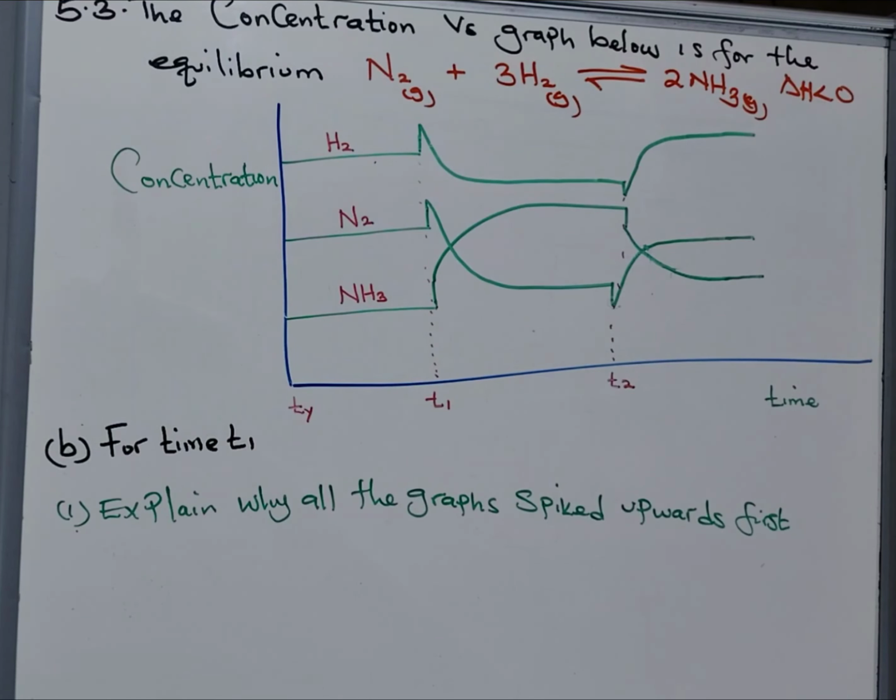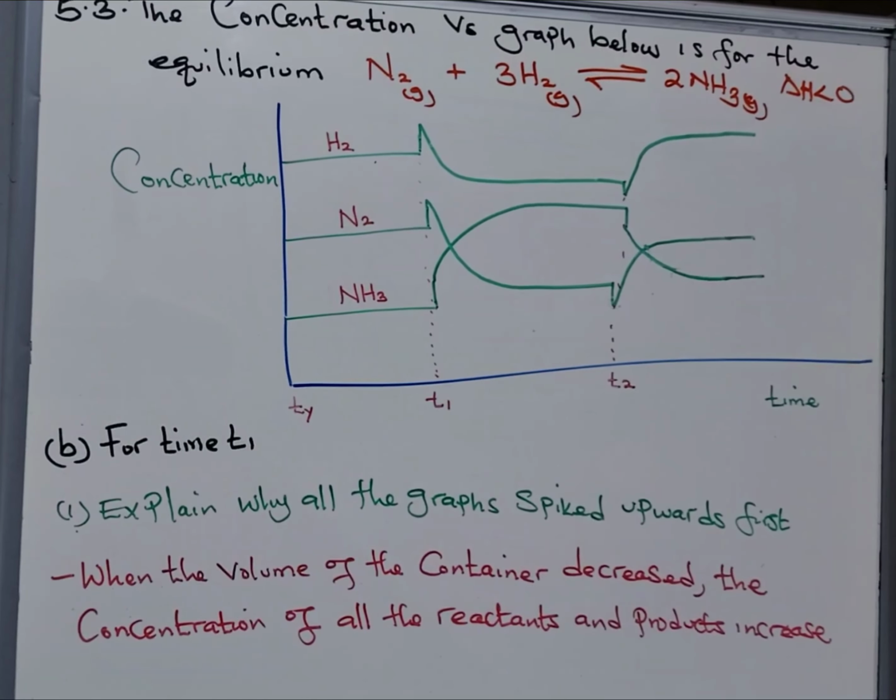That led to the increase of concentration of all the components. We have to remember that concentration is equal to number of particles per unit volume. So when volume decreases, concentration increases.